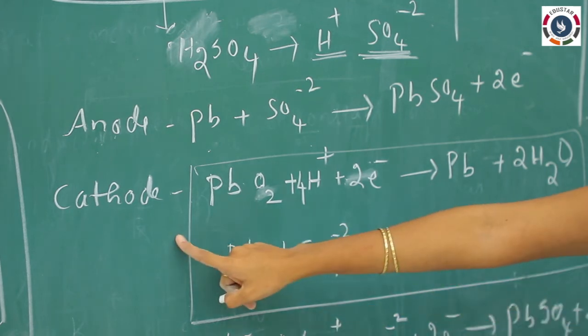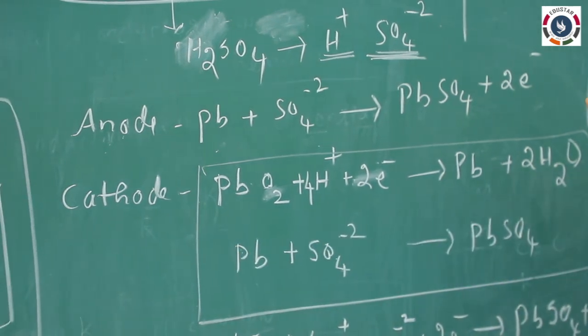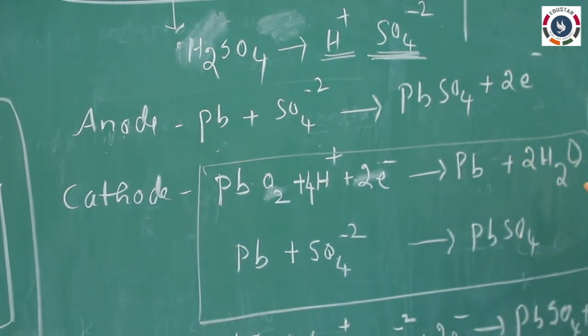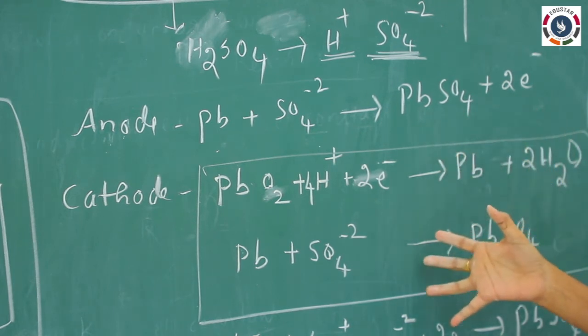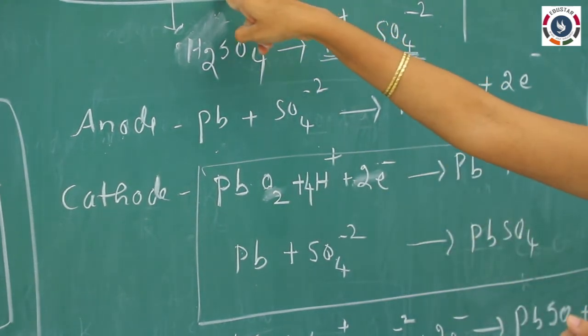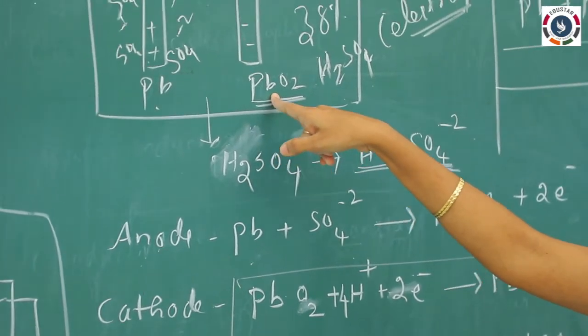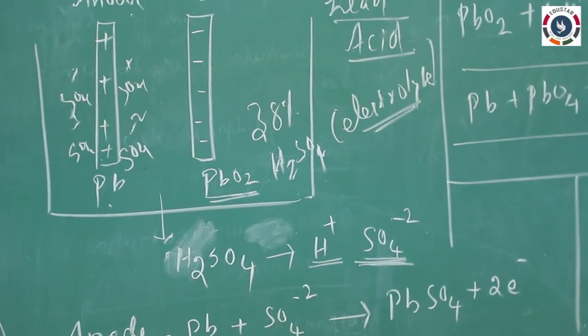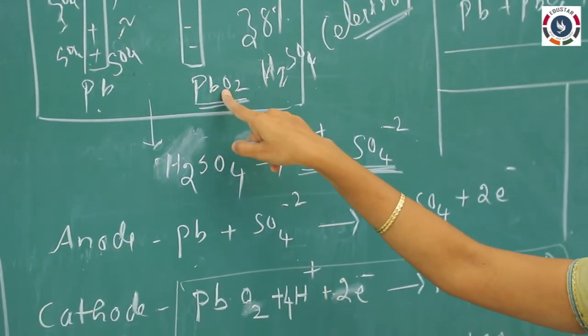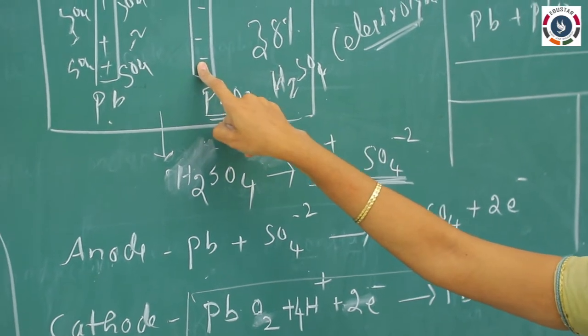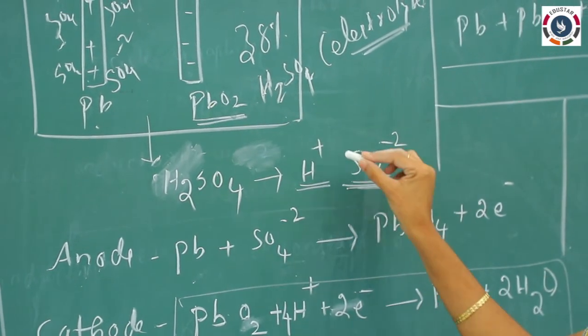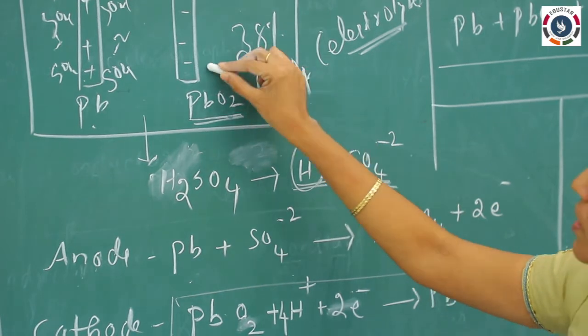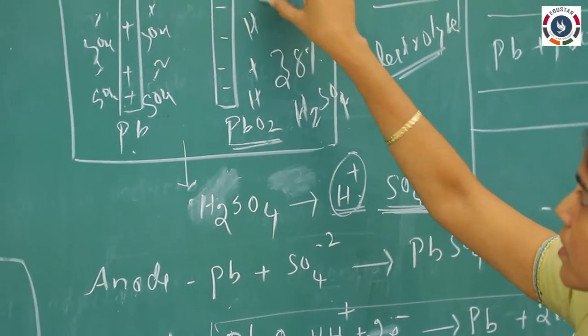Coming to the cathode reaction, in your book they have given it in a single step. For your clarification, I am dividing this into 2 steps. The cathode is PbO2, that is lead oxide. I have written the lead oxide. Here what happens, this is the negatively charged electrode, right. So, the H plus ions present in the electrolyte get stuck with this.